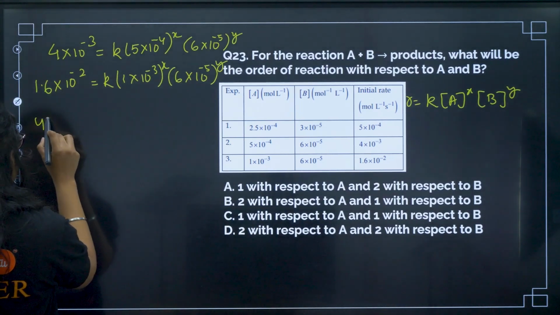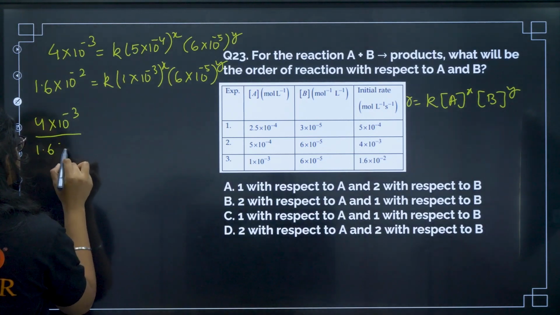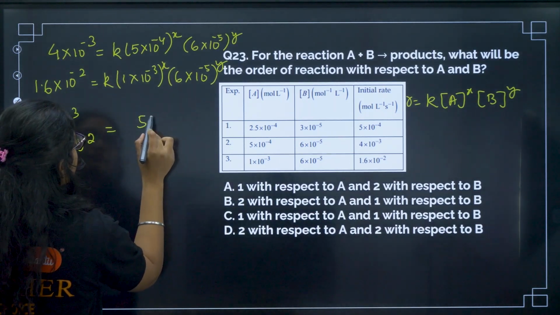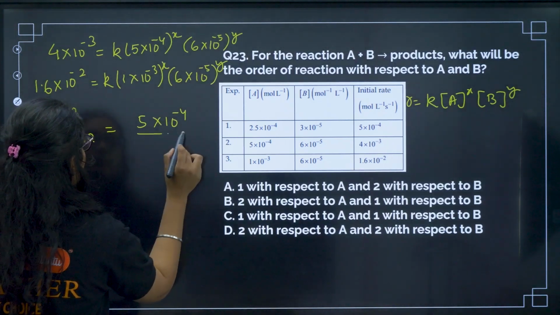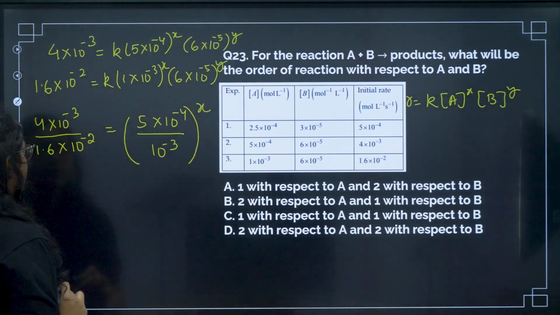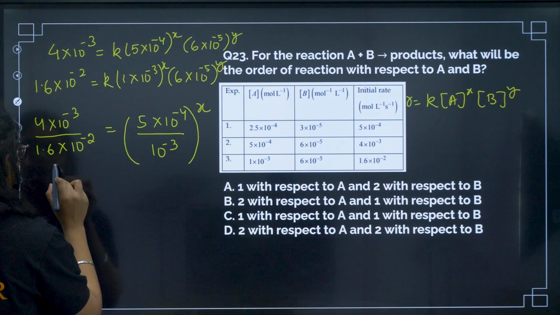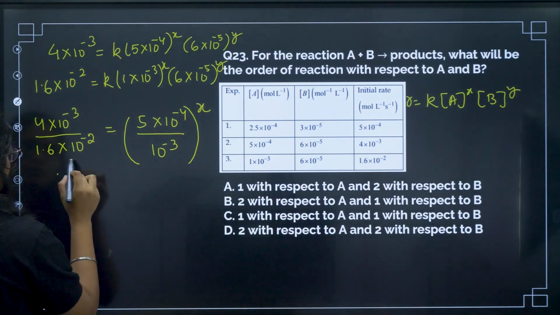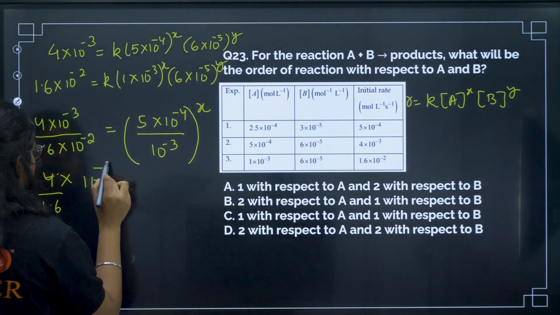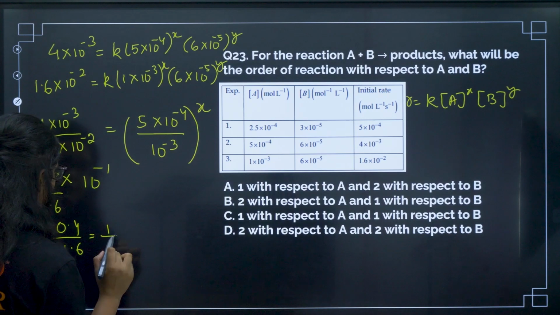4 into 10 to the power of minus 3 by 1.6 into 10 to the power of minus 2 is equal to 5 into 10 to the power of minus 4 by 10 to the power of minus 3, whole to the power of X. Now if you solve this, we can write 4 by 1.6 into 10 to the power of minus 1, so that is 0.4 by 1.6, so that is 1 by 4, right?